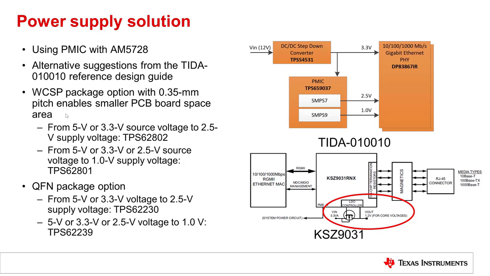Note that the KSZ9031 provides a solution to use an integrated LDO controller and an external MOSFET to generate the 1.2 volt from the 3.3 volt. This requires a lot of current consumption to be burned inside the MOSFET. So there are also some alternative solutions in case you don't want to use the PMIC to generate the 2.5 volt as well as the 1.0 volt, which is documented in the TIDA reference design guide.